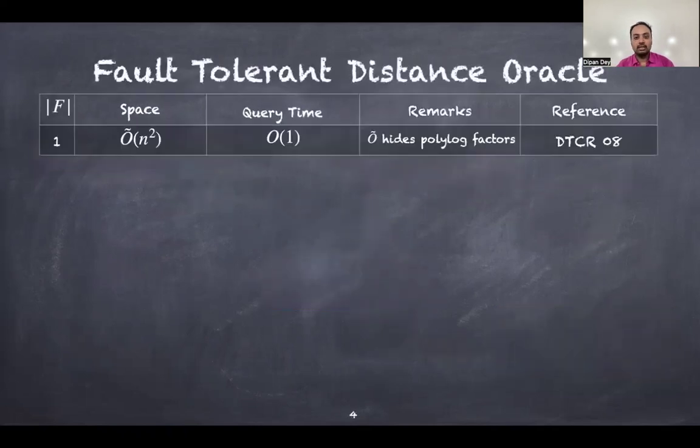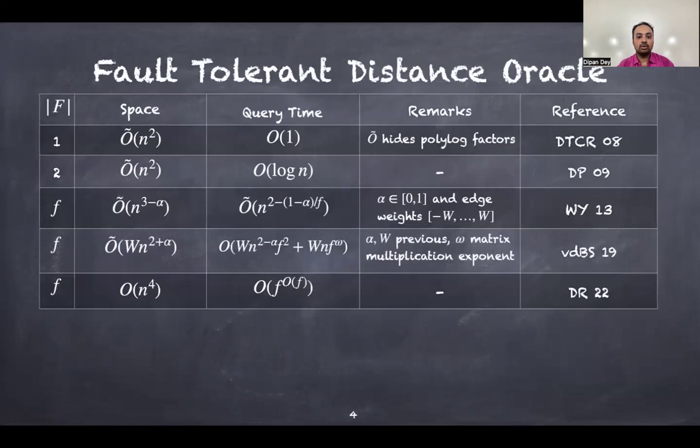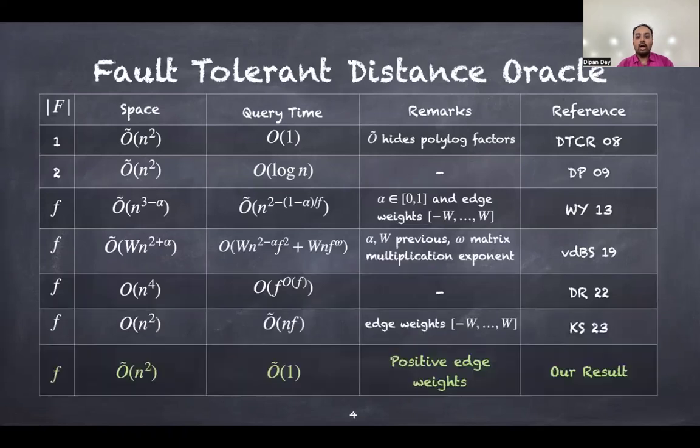So let's see some of the previous results. For any general number of faults, if you fix a particular f, the DR22 paper takes constant query time, but the space required is big O of n to the power 4.